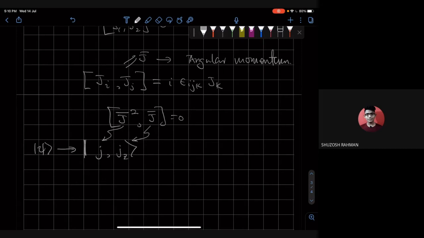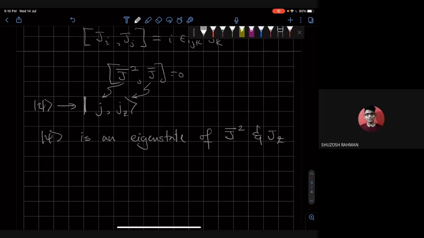Now, what we want is to find psi as these states. We want to find what possibilities psi can take, so that psi is a simultaneous eigenstate of J squared and Jz.